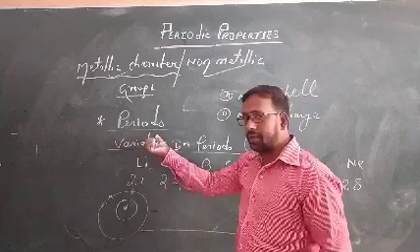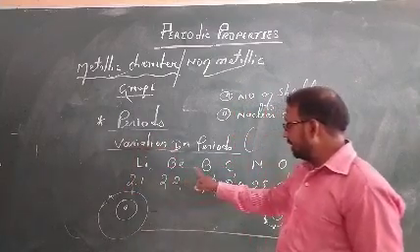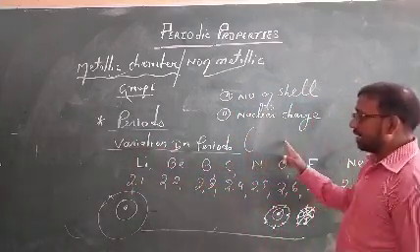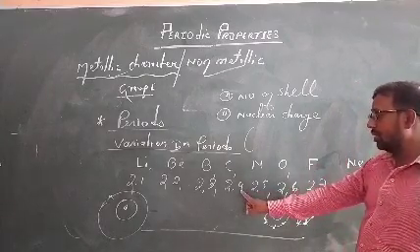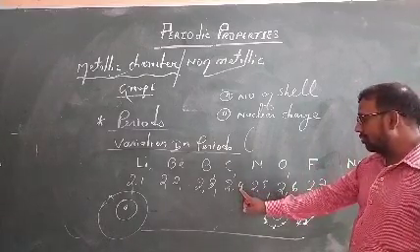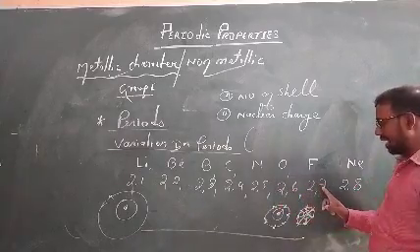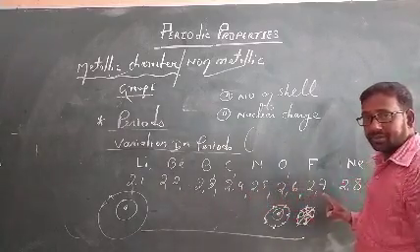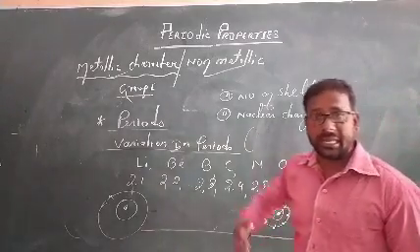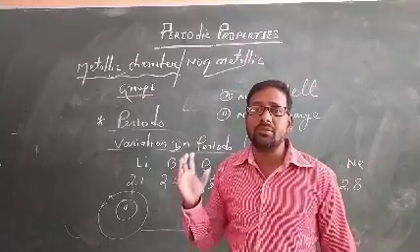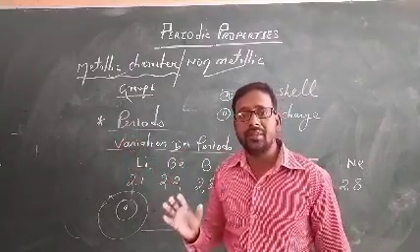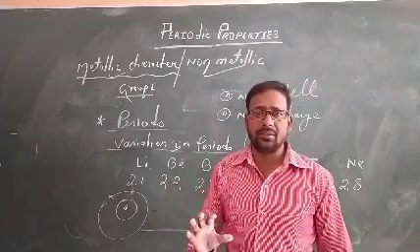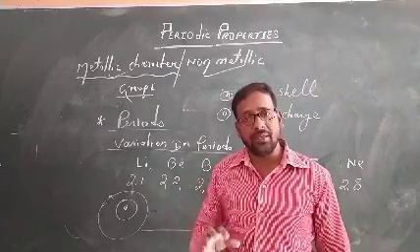But in a period, metallic character decreases and non-metallic character increases, and by their electronic configuration, you can see the valence electrons 4, 5, 6, 7; they will gain electrons and have non-metallic character. So the variation of metallic character in group and in period is very clear. Please note it down in your copy.